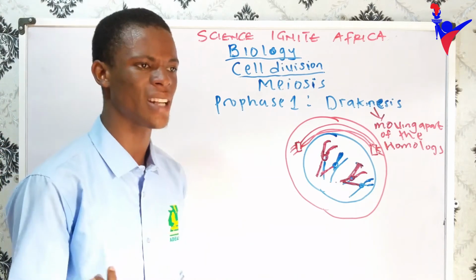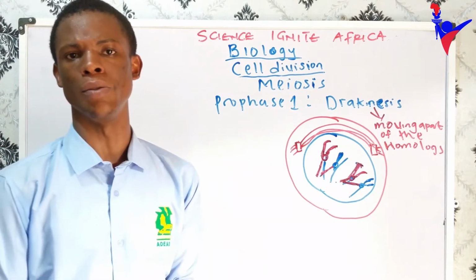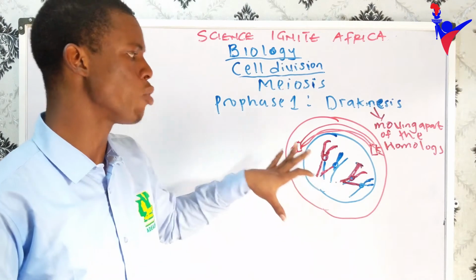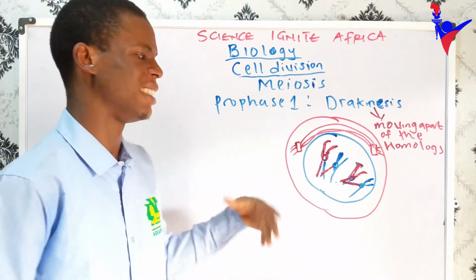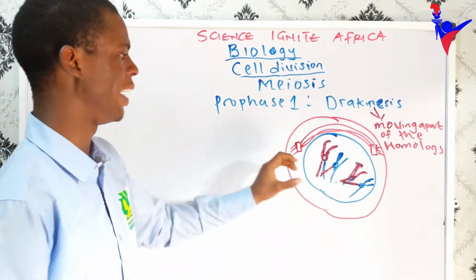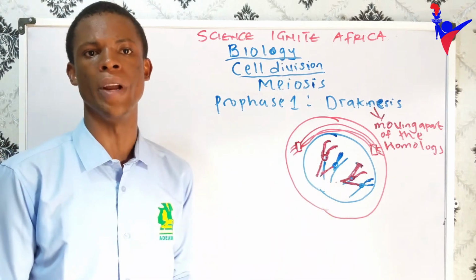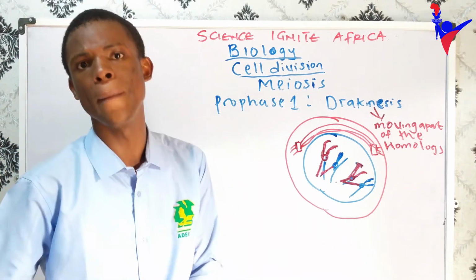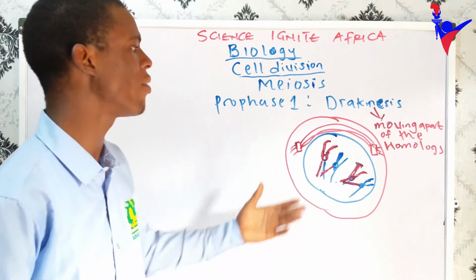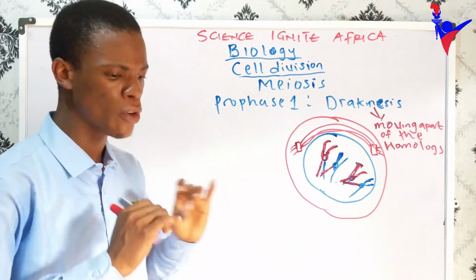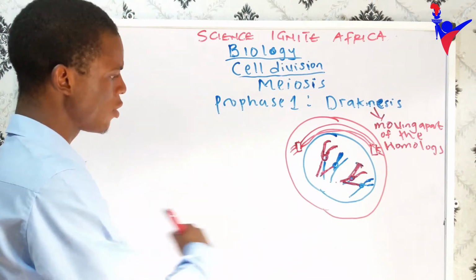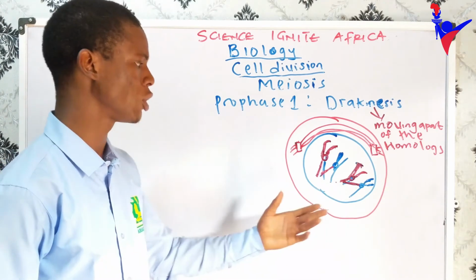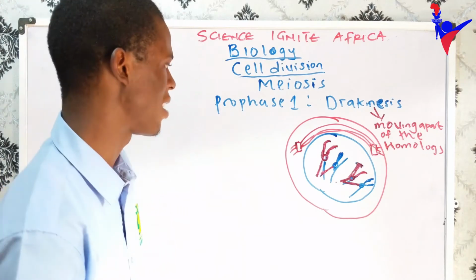And note, in any metaphase of any division, the nuclear membrane has dissolved and there is free mixing of its components. What characterizes a metaphase, either in mitosis or meiosis, is the formation of spindle fibers and the dissolving of the nuclear membrane.